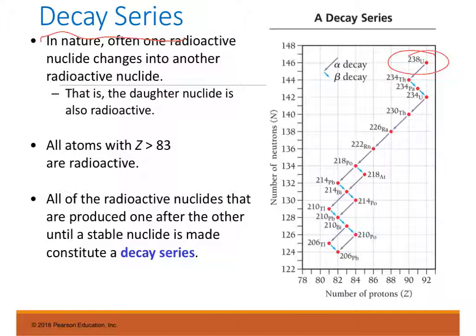But uranium-238, in its first decay process, would you be able to tell me what type of decay this is, going from uranium-238 to thorium? Hopefully you can see that is alpha decay. And then going from thorium to uranium-234 would be beta decay. And so this is a natural decay series.